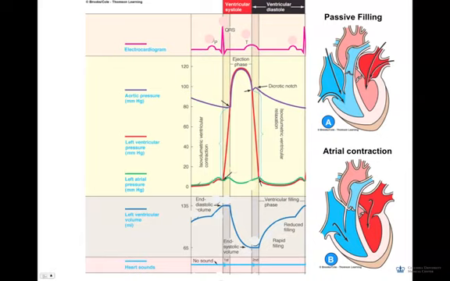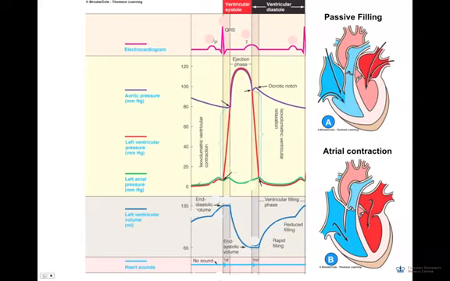Okay, so with this passive filling, we don't actually get another P wave until this point here. You notice that most of the filling of the ventricles during diastole, during that resting phase, is being done passively.